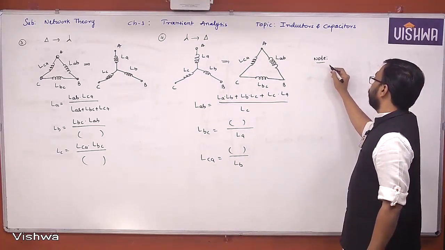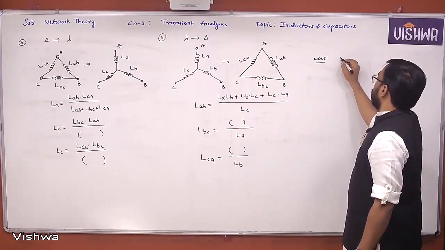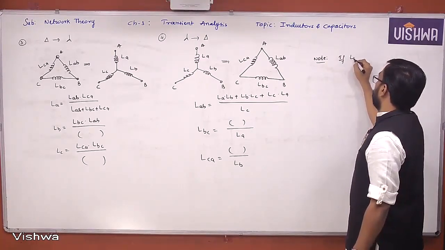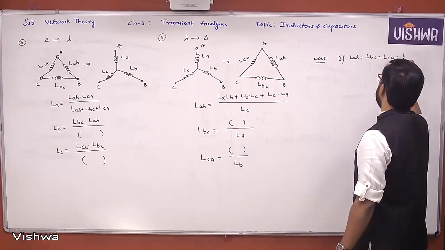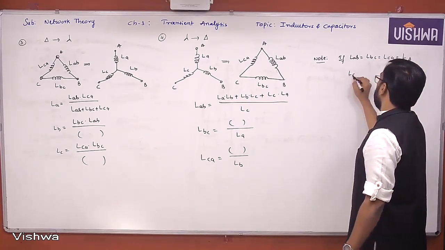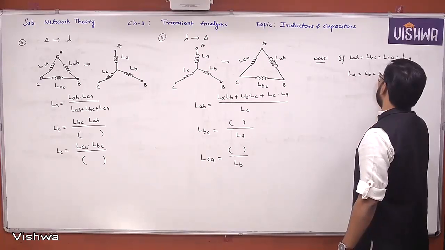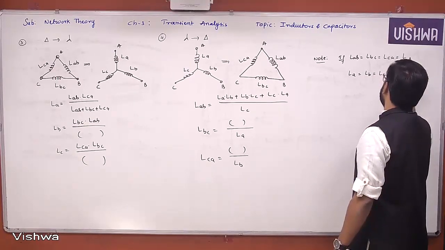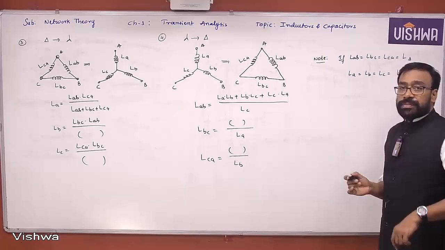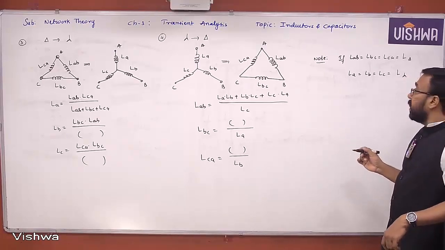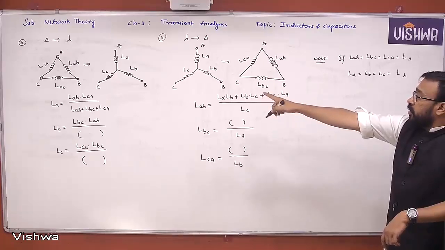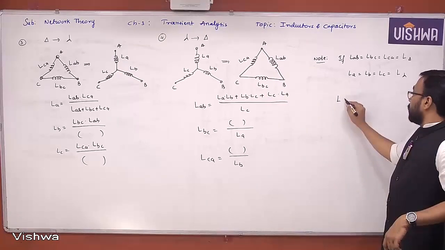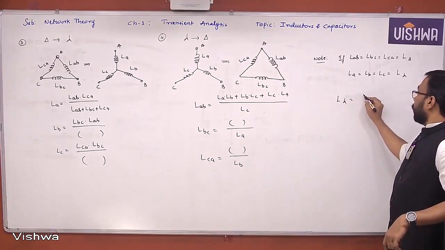Okay, note, if LAB is equal to LBC is equal to LCA is equal to L delta, and LA is equal to LB is equal to LC is equal to L star, then from this particular formula, delta to star, L star can be written as L delta by 3.